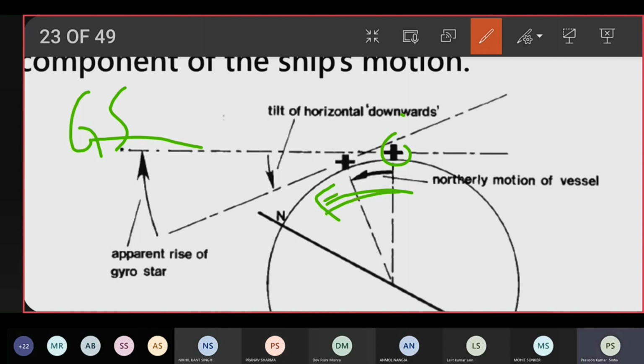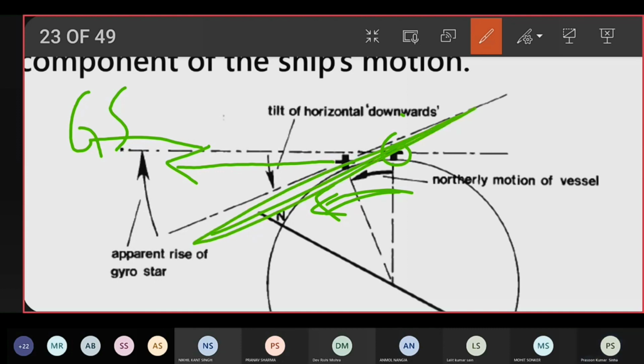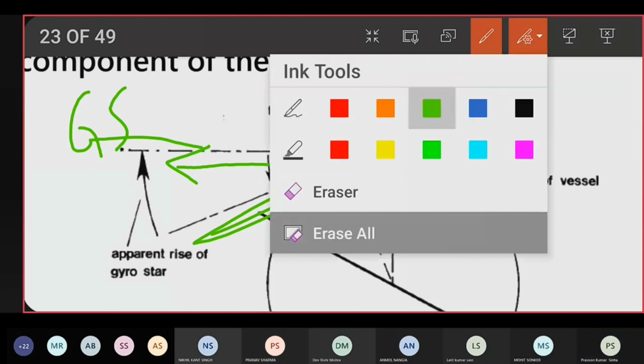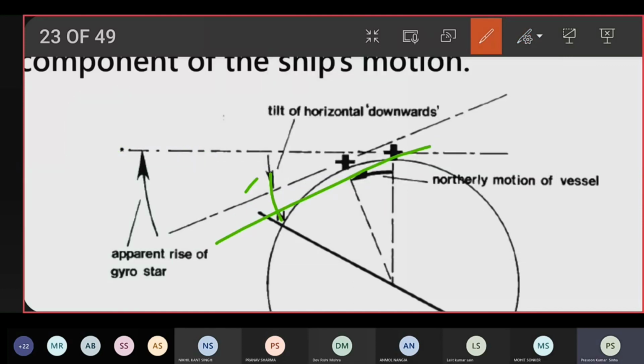So when she has moved little bit, here she is still trying to look in the same direction, but the horizon has changed like this. That means ship का गर्दन ऊपर हो गया, spin axis का गर्दन ऊपर हुआ या नहीं? Yes, sir. That means this is tilting. The spin axis is beginning to tilt. It is lifted above the ground. And this is because of the northerly motion of the ship.